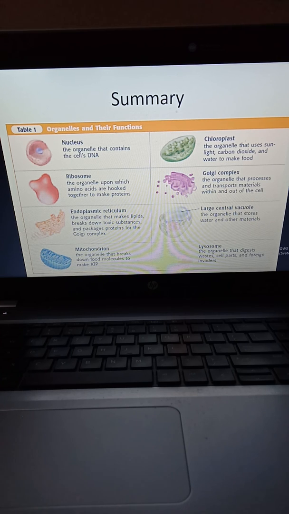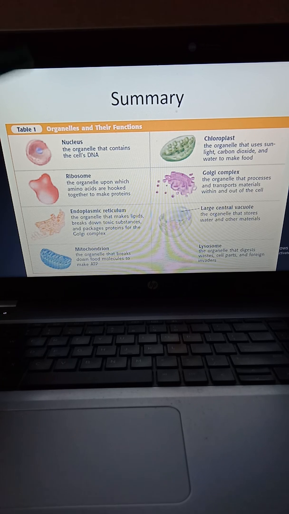So this way you can summarize the function of different organelles. I can repeat it. Related to protein synthesis, there are four organelles. Related to energy metabolism or processing, there are two organelles, mitochondrion as well as chloroplast. And related to storage inside the cell, there are two organelles, lysosome and vacuole.